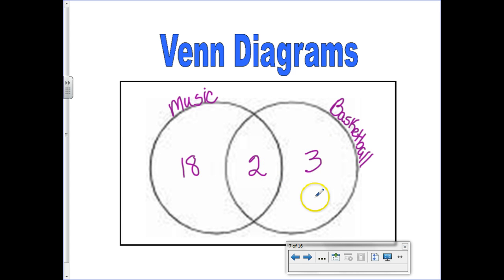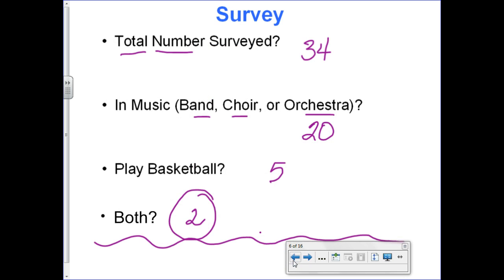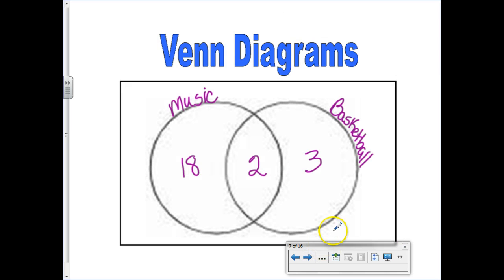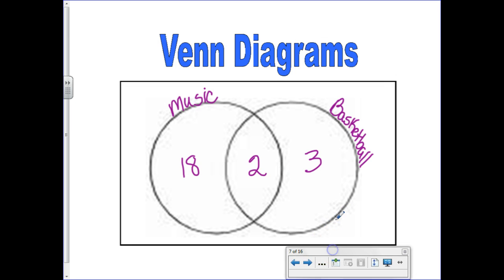Awesome. Now, I'm not accounting for everyone yet because I've accounted for the 20, I've accounted for the 5, I've accounted for the 2, but I have a grand total of 34 students that technically were in the survey. It's just they weren't able to answer positively to being part of either of these.